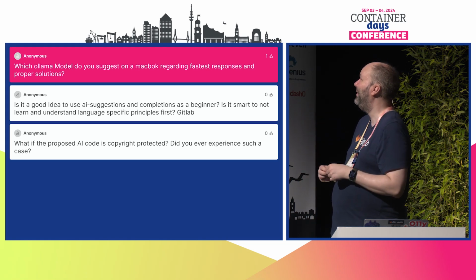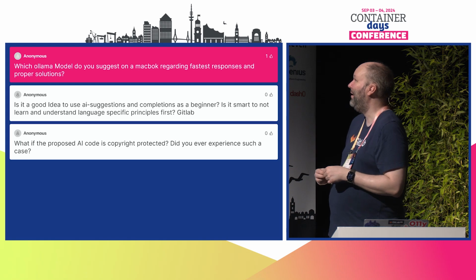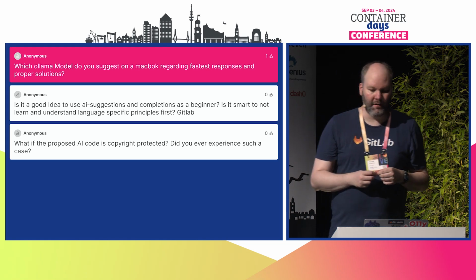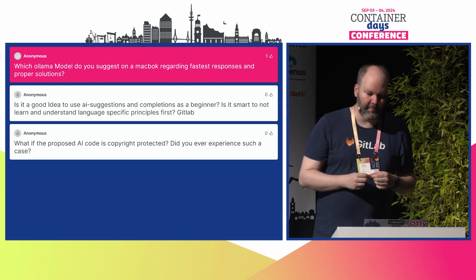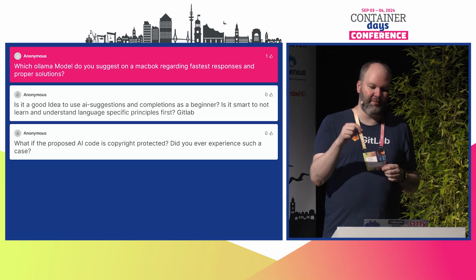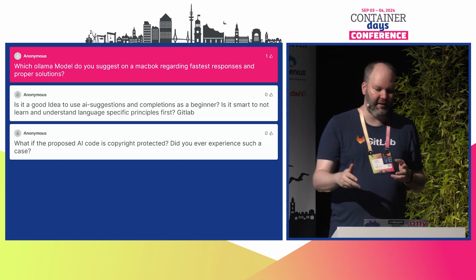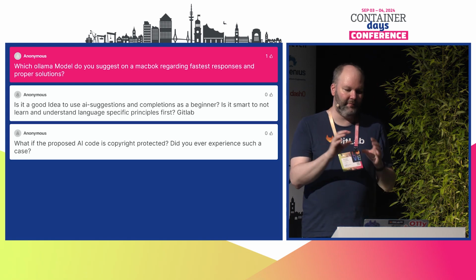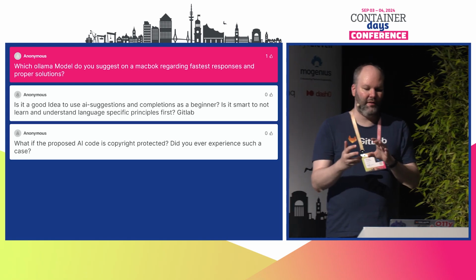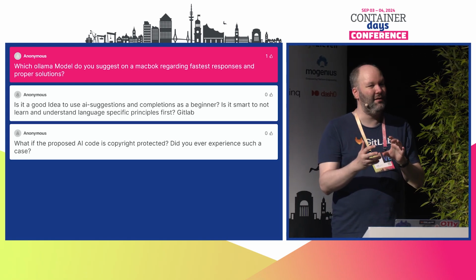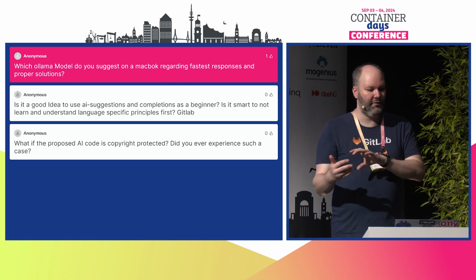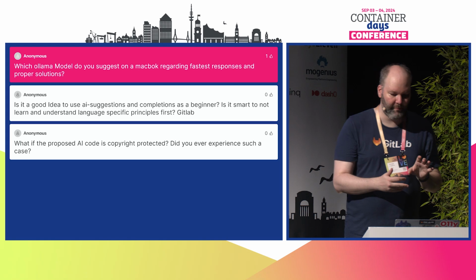Which Ollama model do you suggest on a MacBook regarding fastest responses and proper solutions? So I've been trying Mistral with an S. There's also Mixtral, which requires, I think, 50 gigabytes of RAM, which I don't have. So the Mistral works, but there are also smaller language models. I think one of them is Llama, which is more focused on code specifically from Meta.